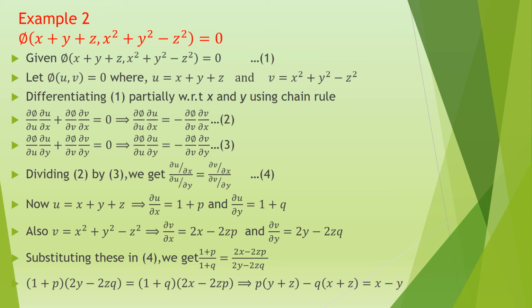Now let me move to the next example. Example 3, z is equal to y into f of x plus x into φ of y. So what is the difference between this problem and the previous one? In this example, we have two functions, that is f of x as well as φ of y.